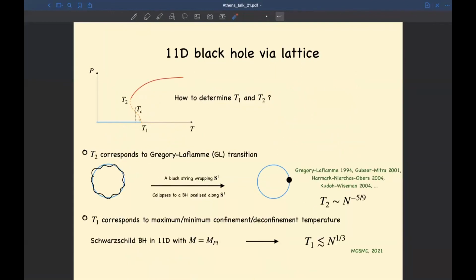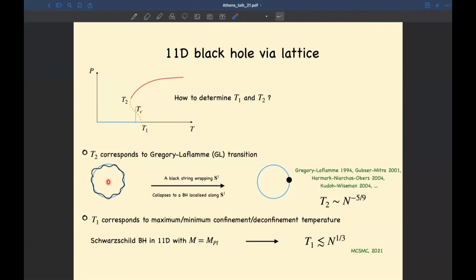So again, we are in a first order transition scenario, and we want to understand now the difference between T1 and T2. T2 corresponds to a Gregory-Laflamme transition. In a sense, Gregory-Laflamme is when a black string wrapping a circle like the one here, after some temperature collapses to a black hole, which is localized on this circle.